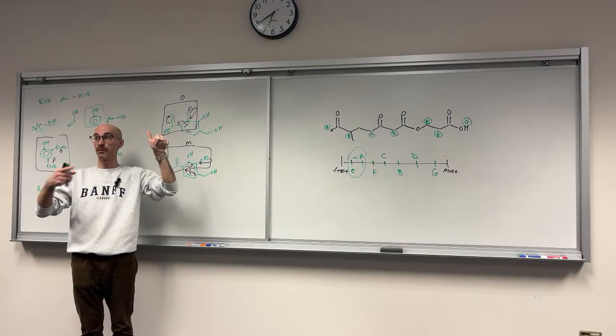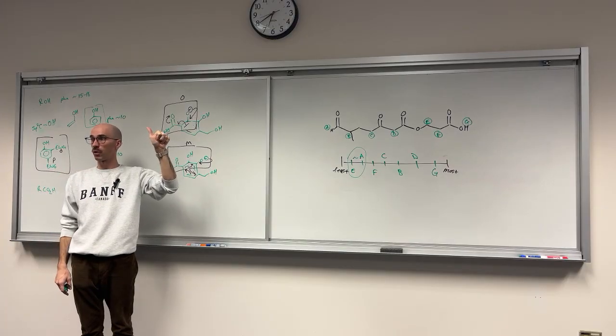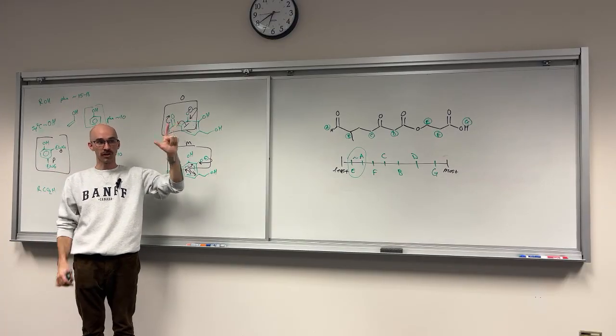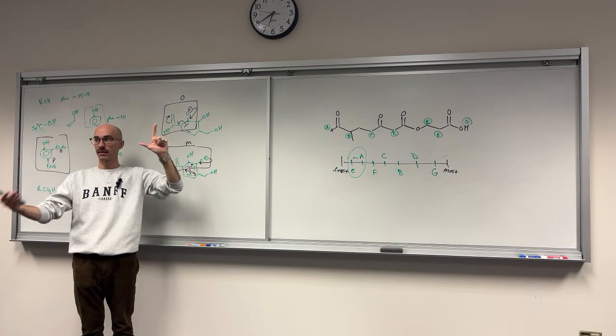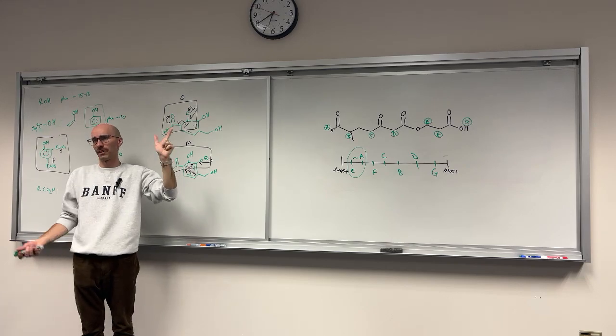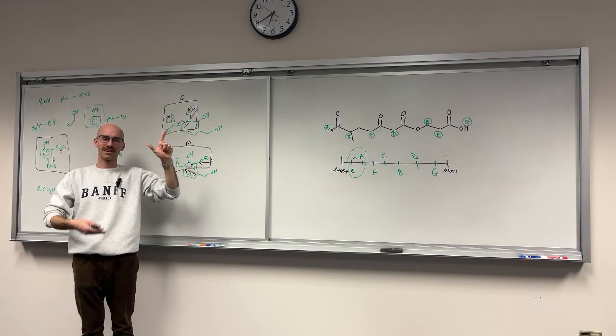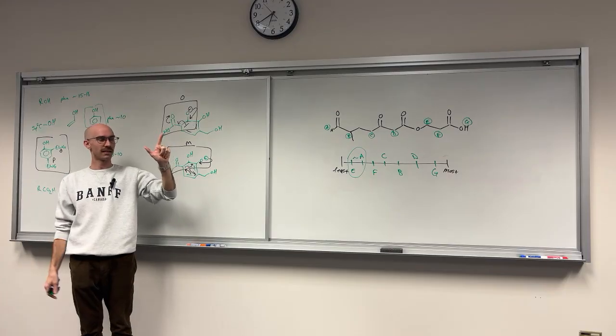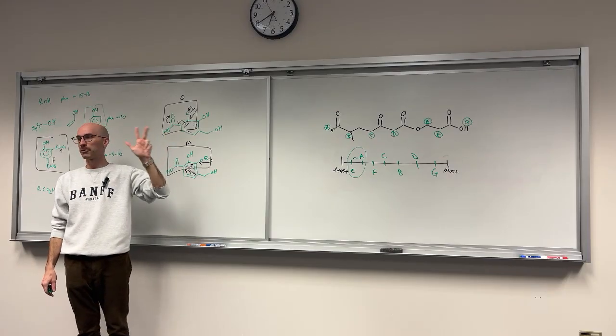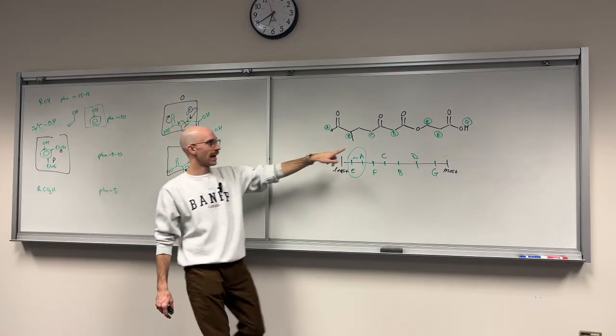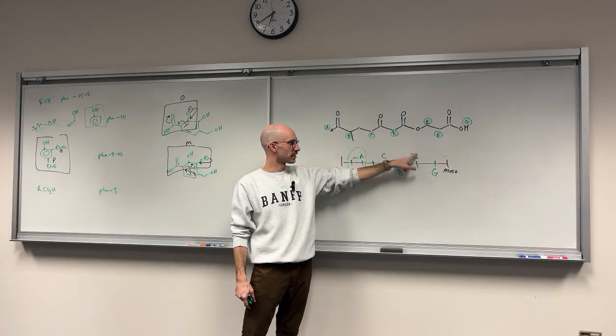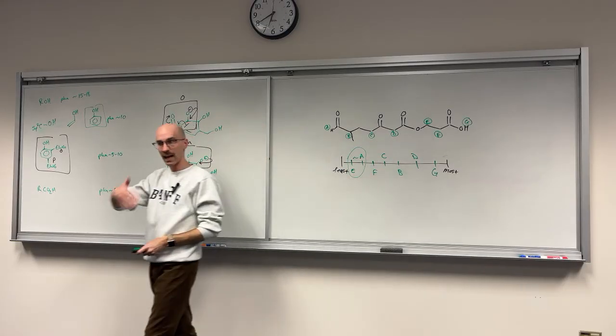Induction, the type of carbonyl plays a role. Substitution, the more stable the alkene, the more stable the enolate. And amount of resonance, which is why we had D as one of the more acidic so early on, because it has the most resonance.